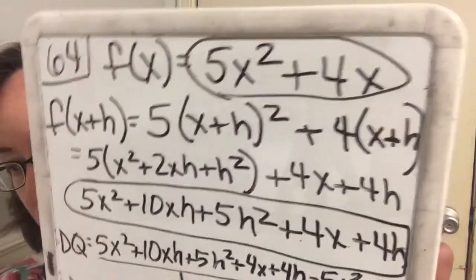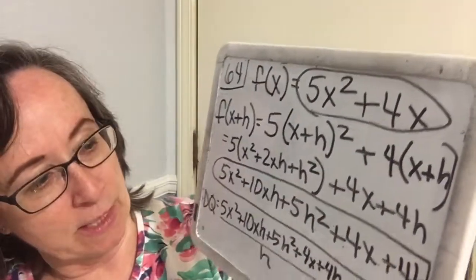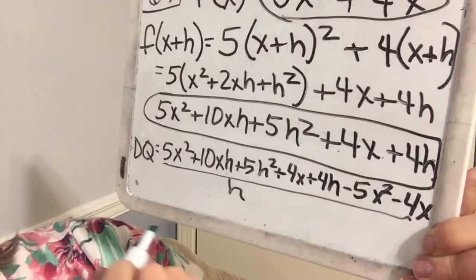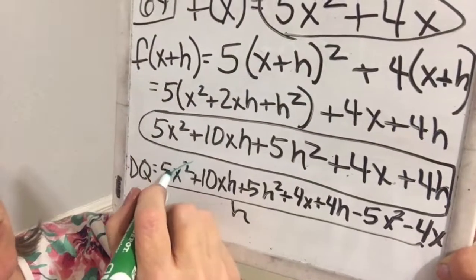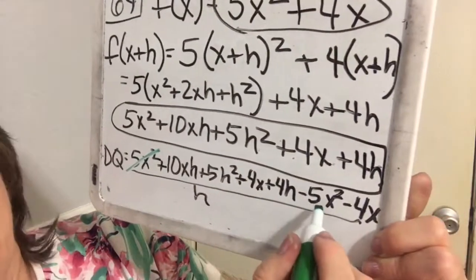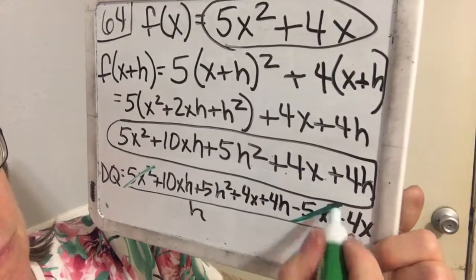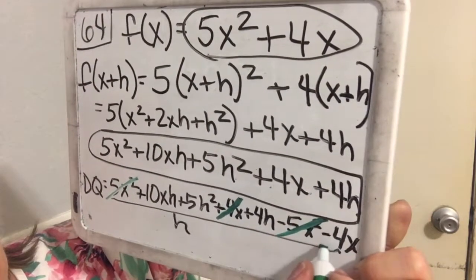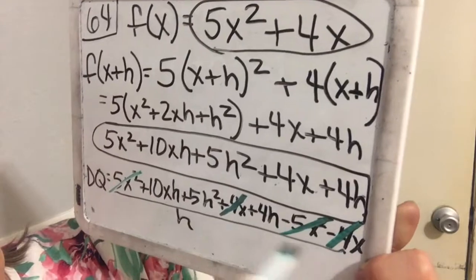But now we're going to simplify a little bit. So I'm going to get my green marker, and we're going to see what will cancel. We have a 5x squared, but on the other side we have a minus 5x squared. Okay, we have a plus 4x here, but we have a minus 4x here.